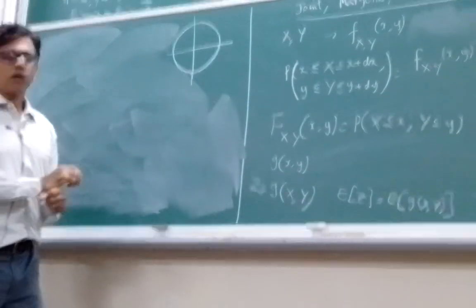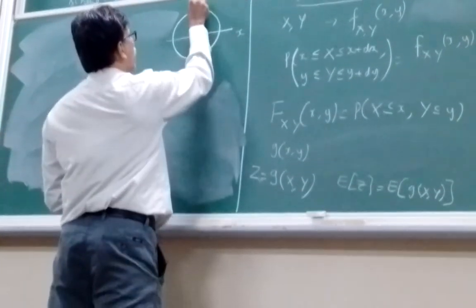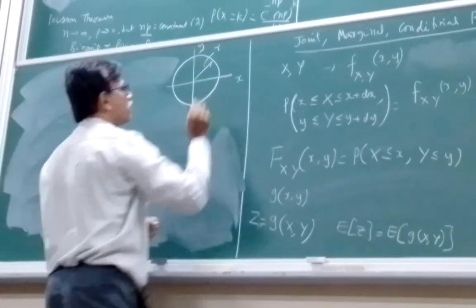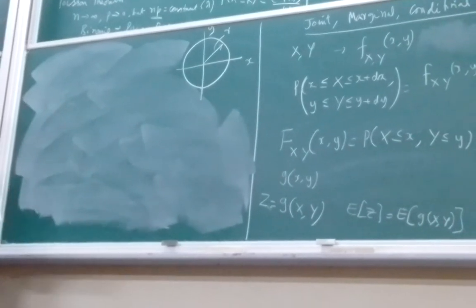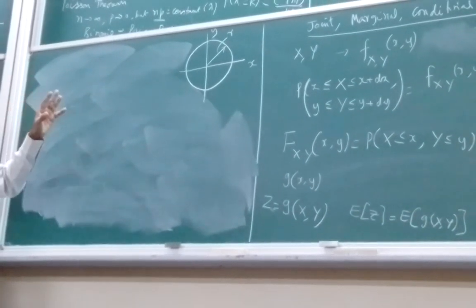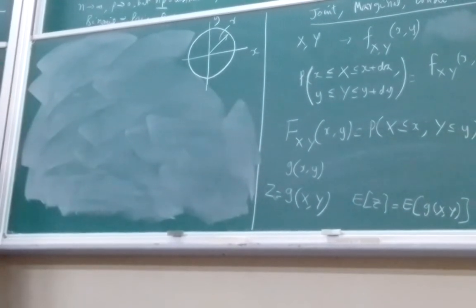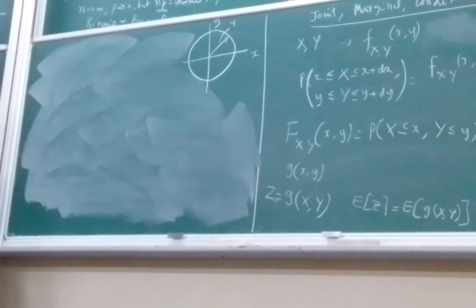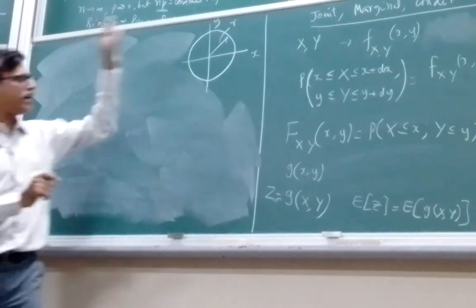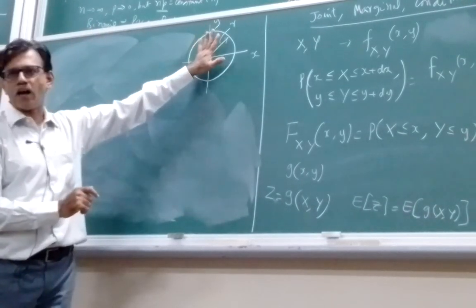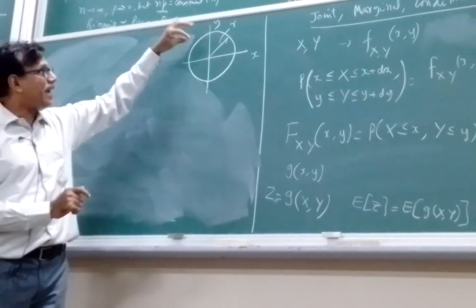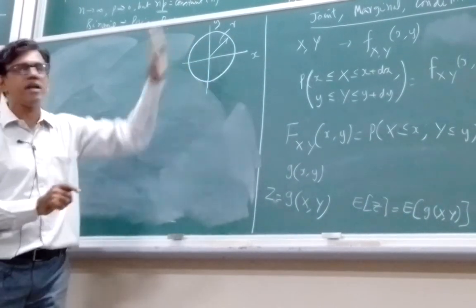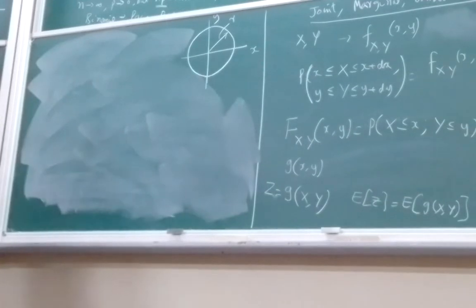This is X, this is Y, and this is R. And let us assume we will only consider those cases when the dart hits the target, it falls within this one. I am an expert in the sense that I will definitely make it fall in this one, and the probability that it lands at any point within this one is uniform over the entire area of this circle.